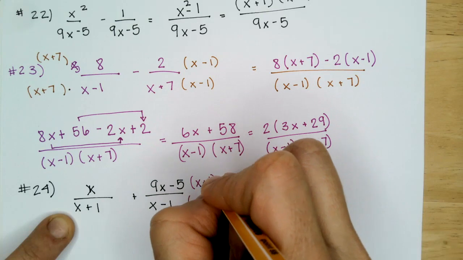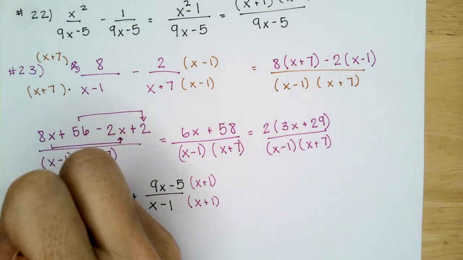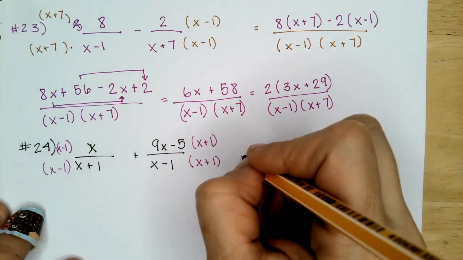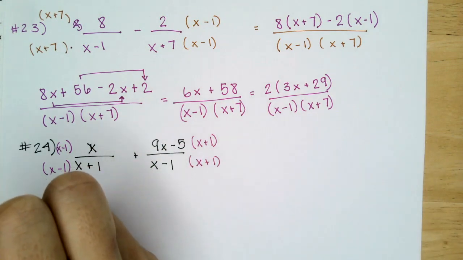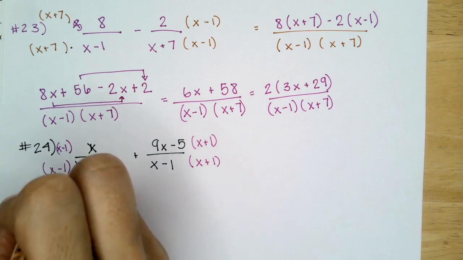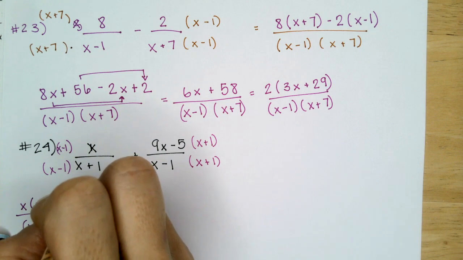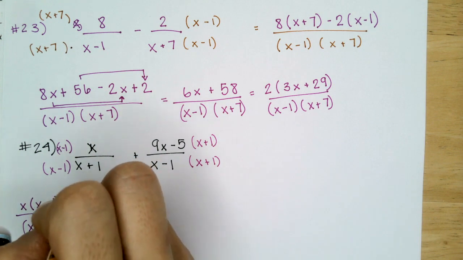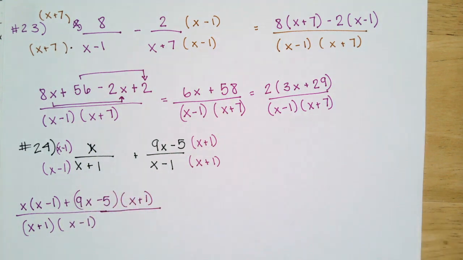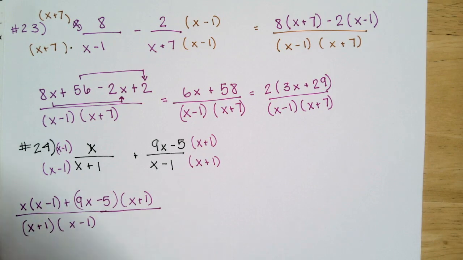Over here it's going to be times x minus 1. Good. So on the bottom, we have (x plus 1)(x minus 1). On the top, we have x times (x minus 1) plus (9x minus 5) times (x plus 1). Good. There's an addition, so we cannot just cancel them out, okay?